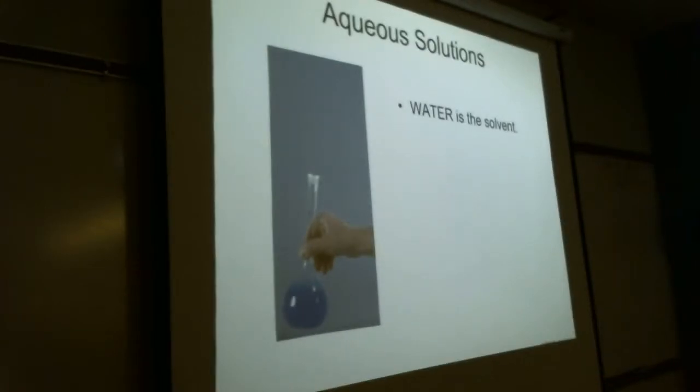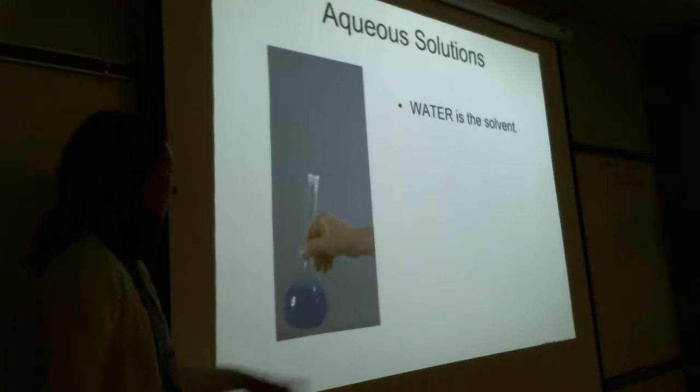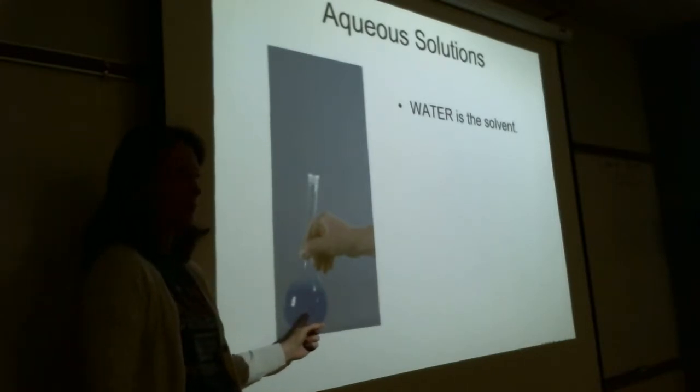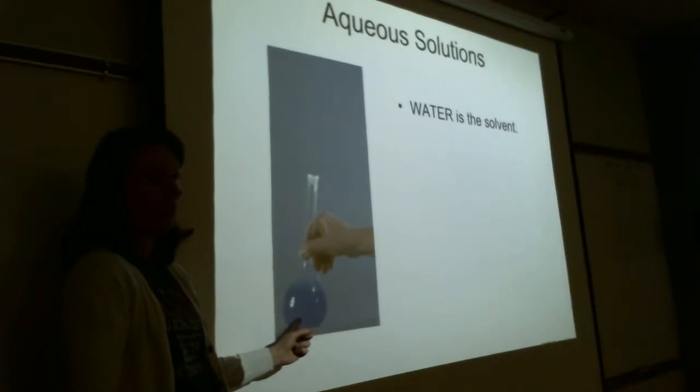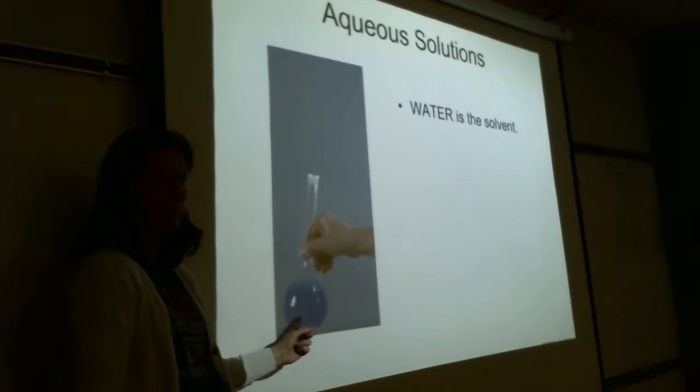Okay, now in an aqueous solution, that just means water is the solvent. Think back to lab yesterday. If water is the solvent here, what do you think is the solute based on this color? What do we see in lab that's this shade of blue?